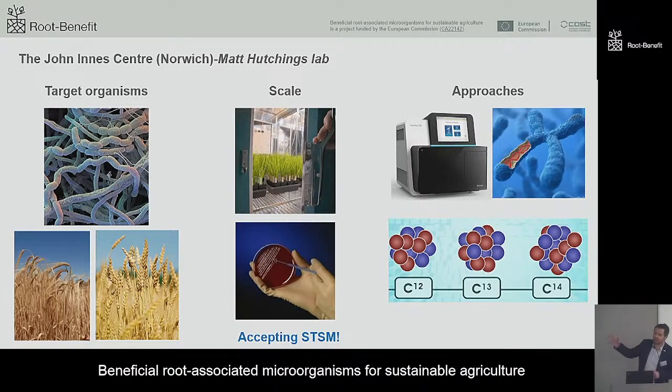The scale of their work is again climatic chamber, or competition assays between members of the microbiota in vitro, so in planta microbe interaction, more on the basic side of the work. Similar to other groups, there is an interest in how plants may modulate those microbial communities and then monitor their dynamics at the root soil interface and the genetics of the plants.